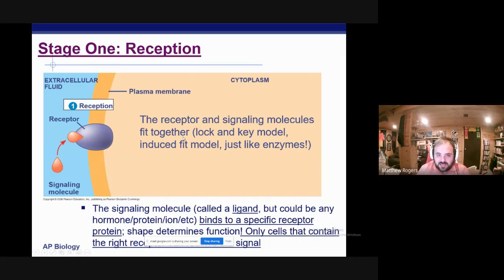This is a lock and key model. We use the same lock and key model that we did for enzymes. It has a certain setup, and it's the key, and it fits into only one kind of lock receptor. So, for example, that cell does have the right receptors.